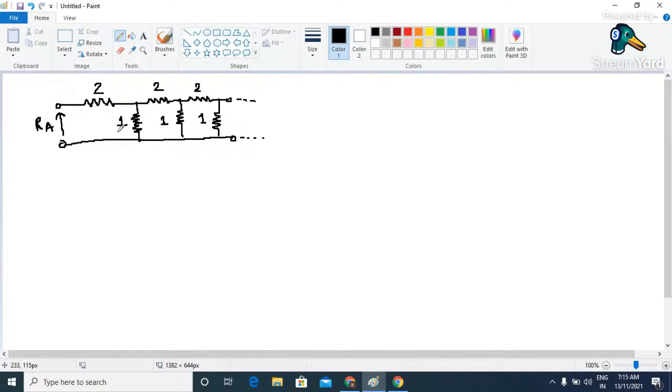So this is circuit A. In the same way, here we have another circuit like this, a resistor, and here we have one more resistor like this.